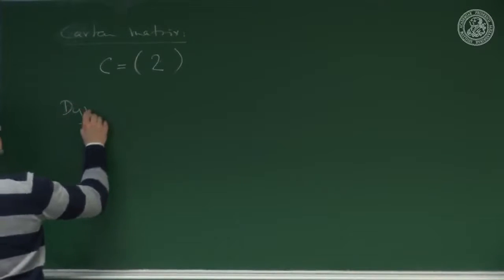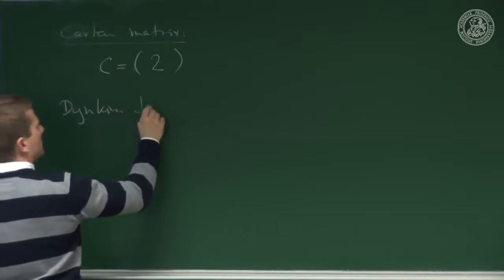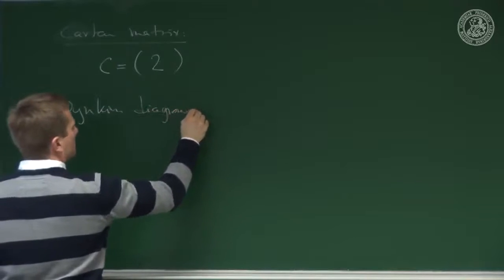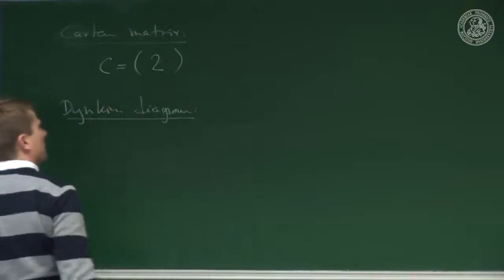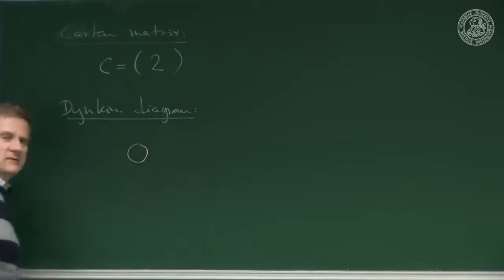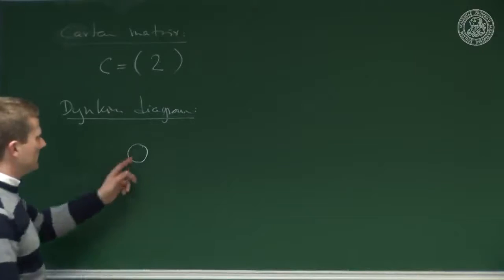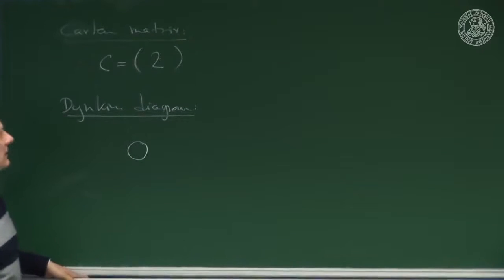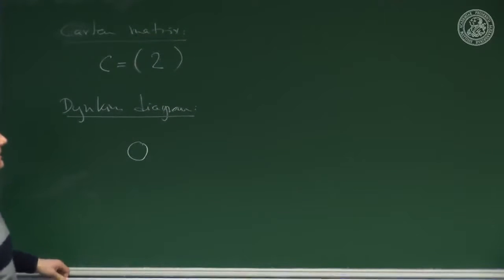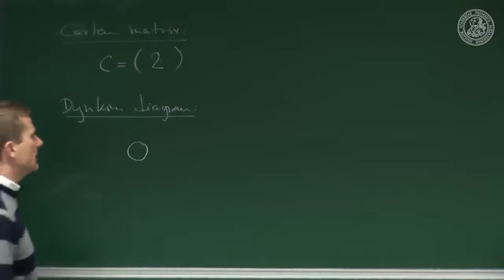And the Dynkin diagram is also particularly simple. The Dynkin diagram we have here is, of course, just a circle, because the Dynkin rules instruct us to draw a little circle for every fundamental root. Well, the fundamental root space is just one element. That's the Dynkin diagram.